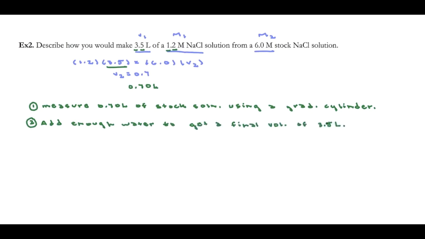So as a quick review, you're taking a stock solution, 6.0 molar. You're measuring out how much of it you need, 0.70 liters of it, using a graduated cylinder. And then you're going to add enough water to get a final volume of 3.5 liters. By diluting it with the water, you're creating a solution that has a volume of 3.5 liters and a concentration of 1.2 molar.